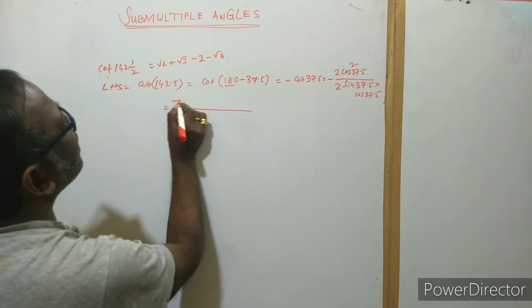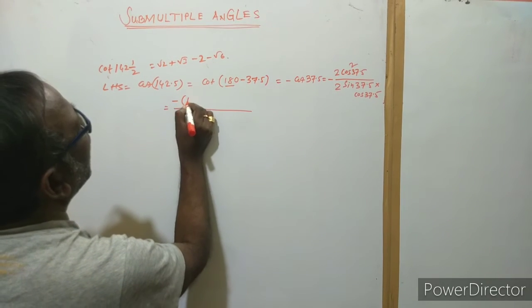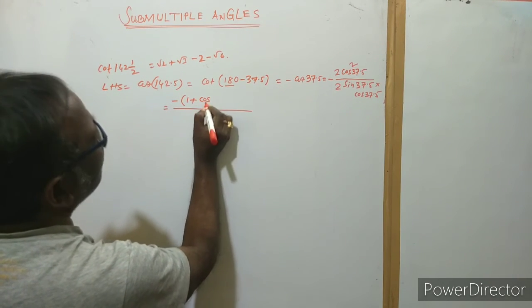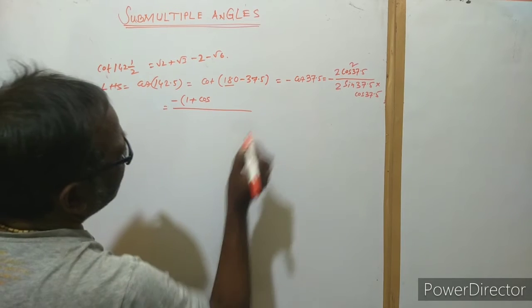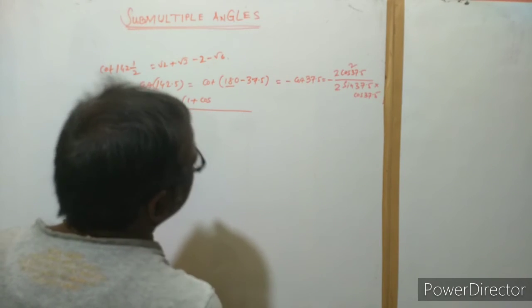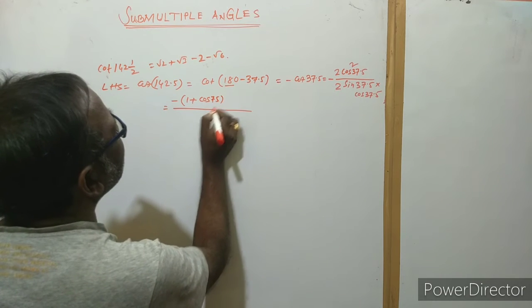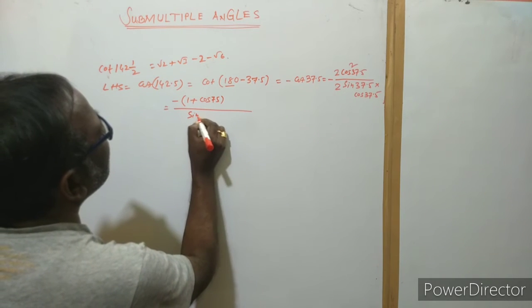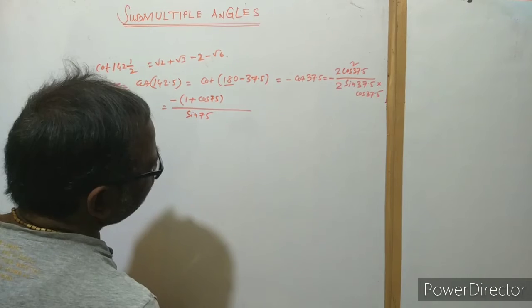See the solution here. This is their 1 plus cos double of 37.5 and this will be 75 and this is their also sine 75.